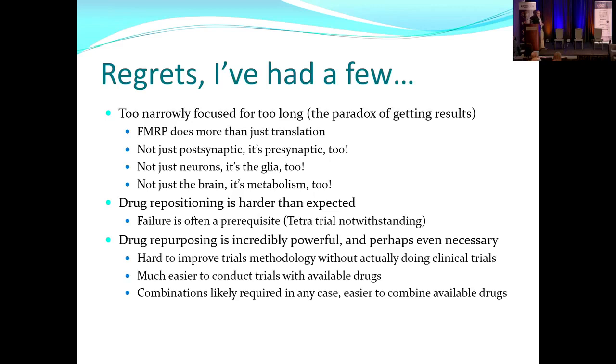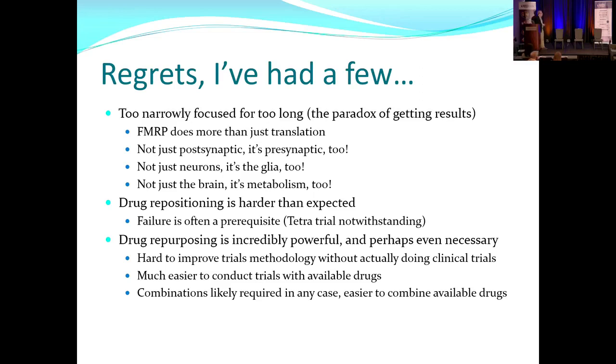You just assume it's doing one thing, and we figured out the one thing it was doing. Nope, not at all. And then it turns out it's not just working in neurons, it's working in the astrocytes and the microglia as well. And then it turns out it's not just the brain, it's having effects on metabolism as well. So don't limit yourself. You want to think about all of these possibilities.